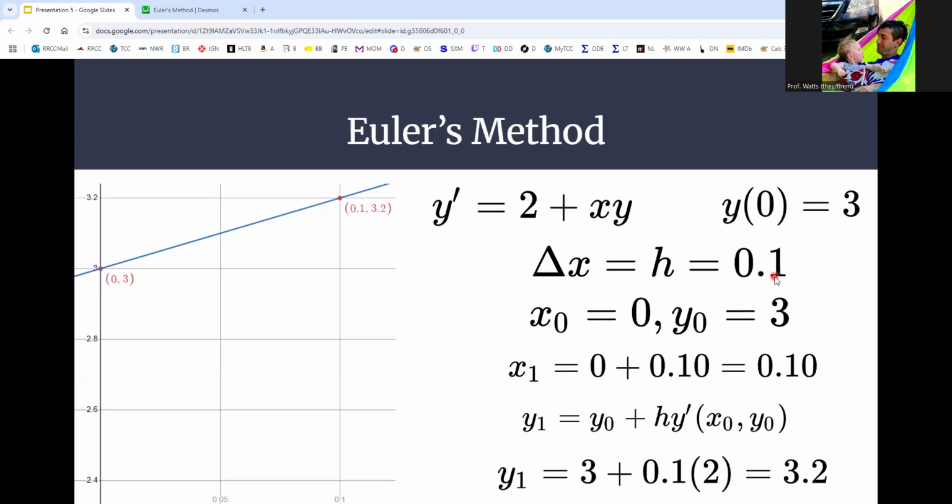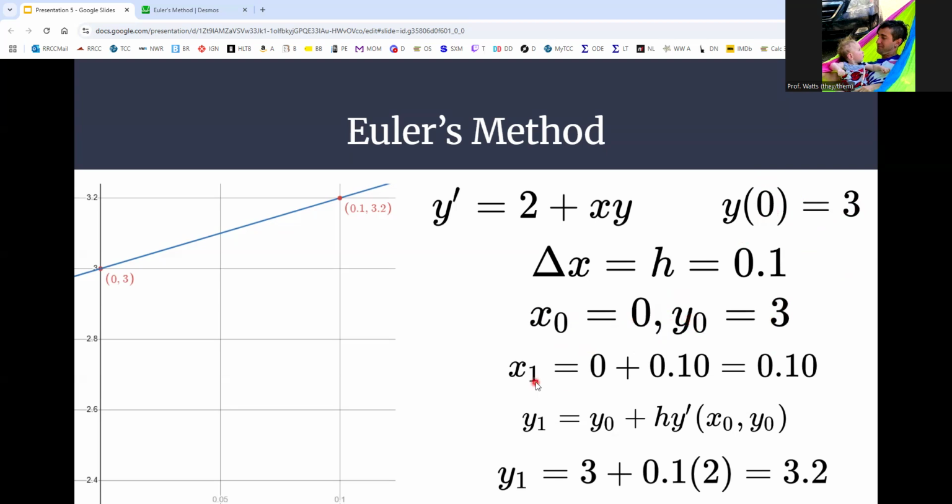We know that's a little big, but we get to make that smaller if we want. And then the subscripts tell you the different discrete values of the solution. So we'll usually let the initial conditions be x0, y0, or x naught, y naught. And so the first x value is that initial value of 0, and the first y value is that value of 3. So that's our x naught and y naught.